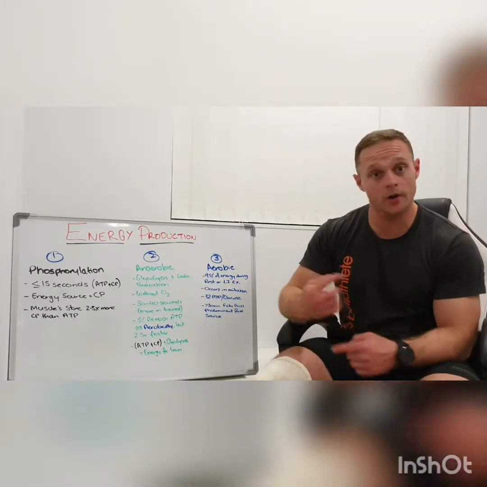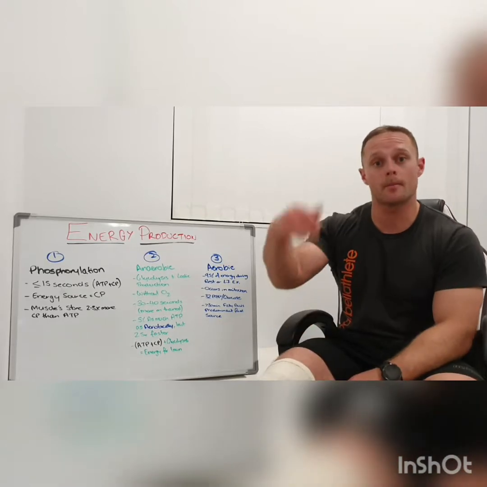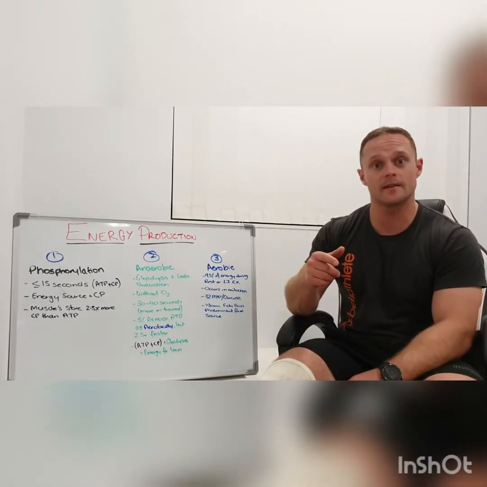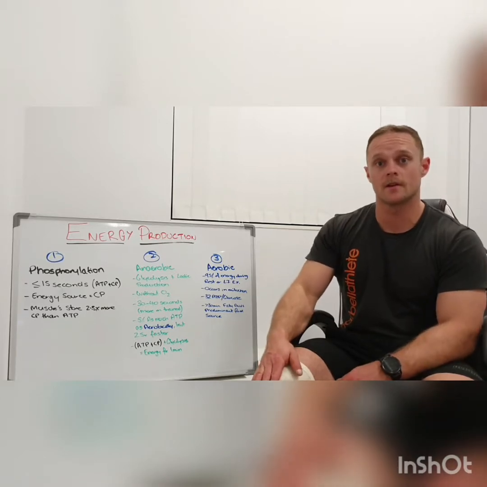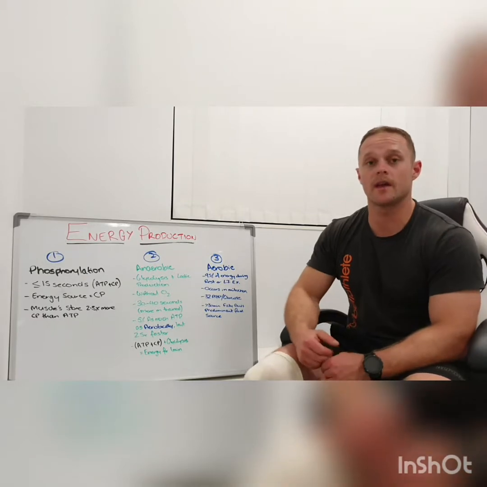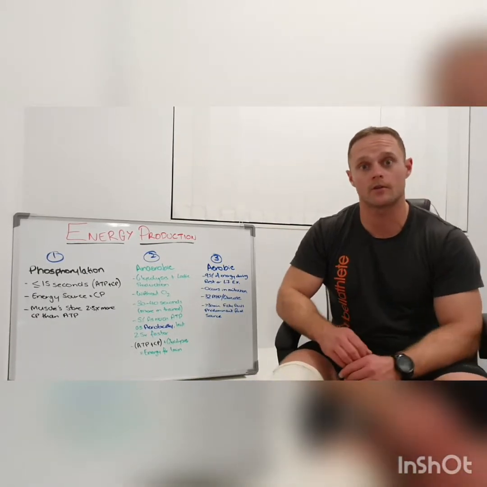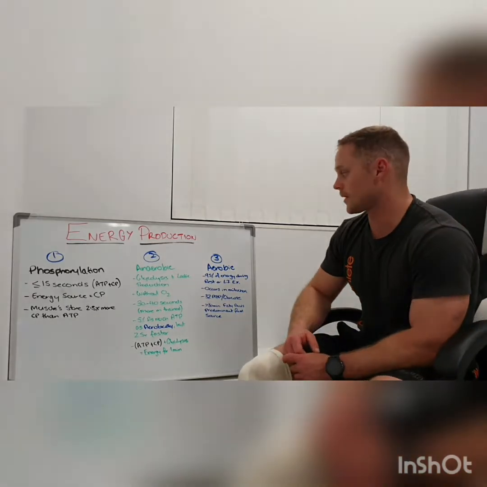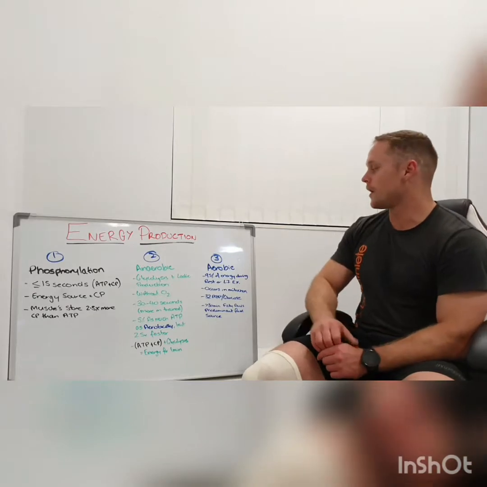It then goes through glycolysis, where we get 2 ATP, and then we get pyruvate, which then turns into lactate in the absence of oxygen or in really intense environments. And then once hydrogen builds up, we get lactic acid once that lactate crosses onto the bloodstream.